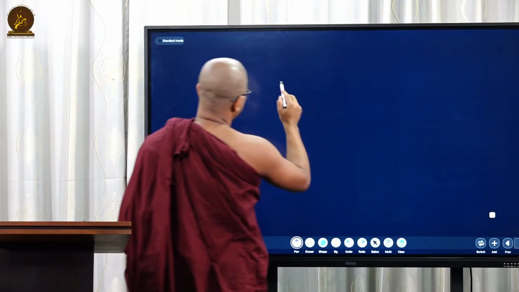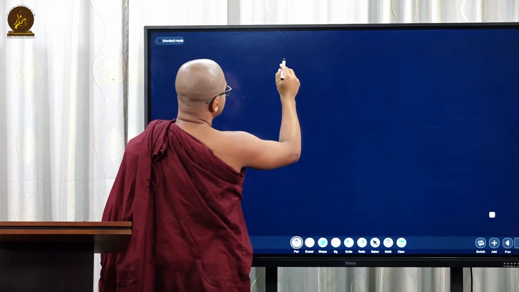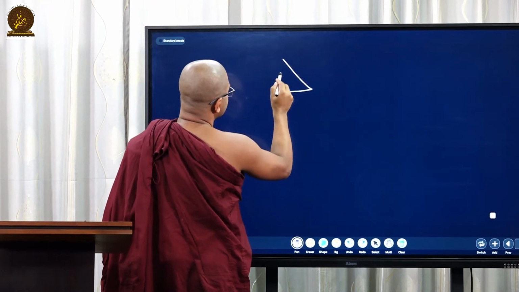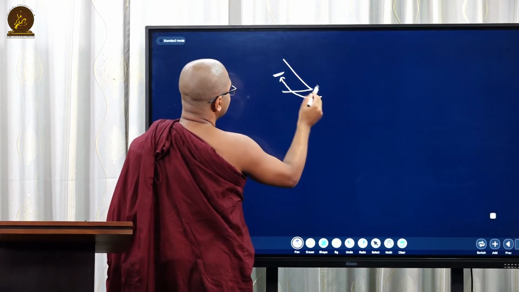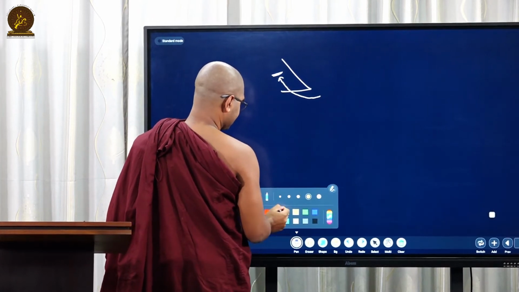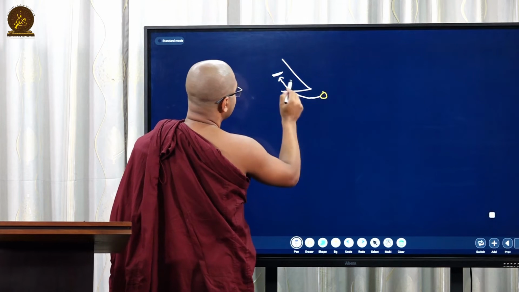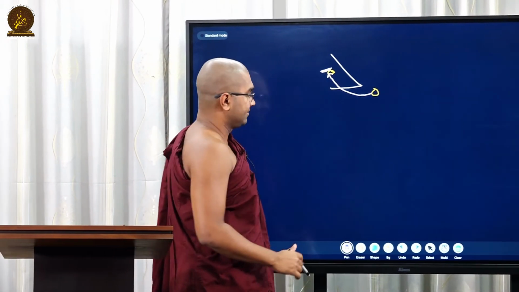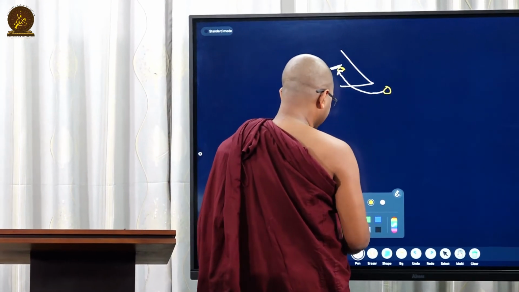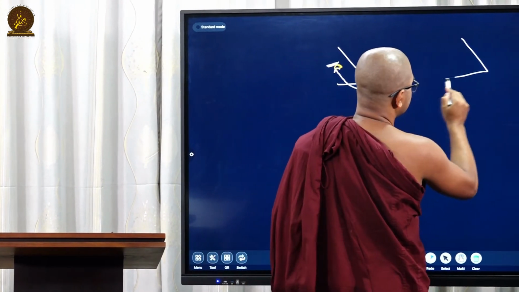Now, for example, according to Theravada teachings, the particles move and strike there, and then it is sensitive. So even according to science, a similar phenomenon happens.